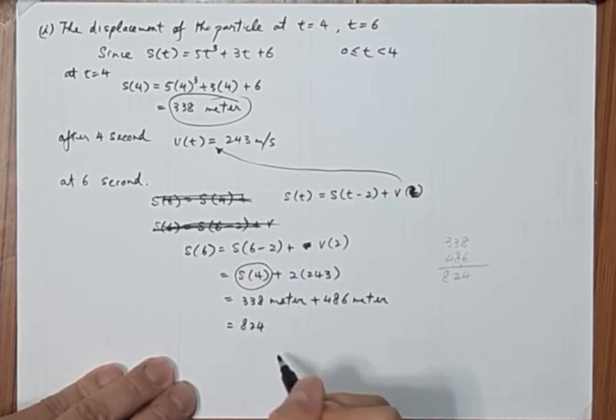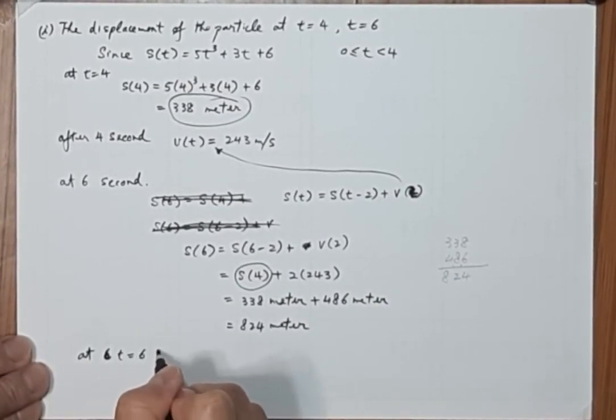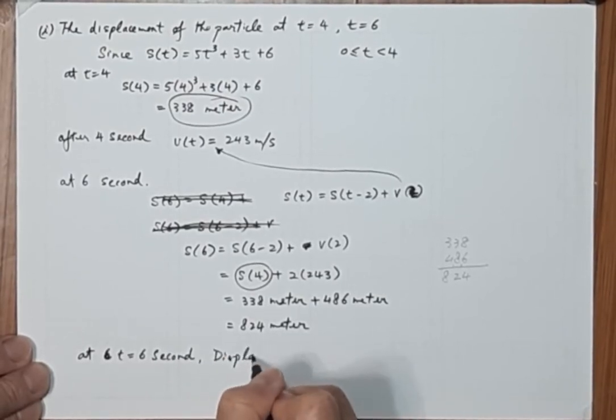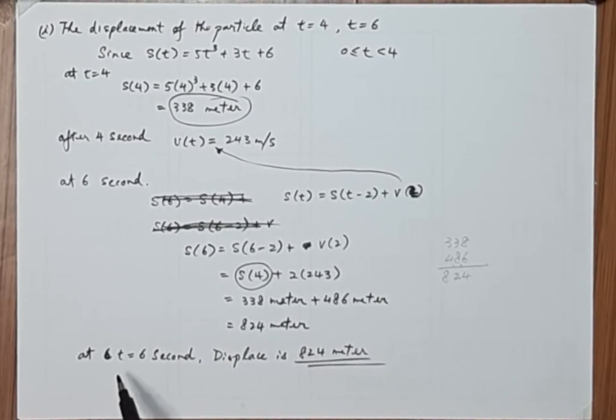The answer will be 824 meters. So in conclusion, when t is equal to 6 seconds, the displacement is 824 meters.